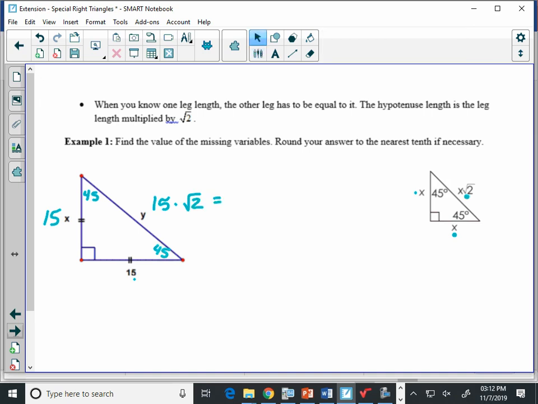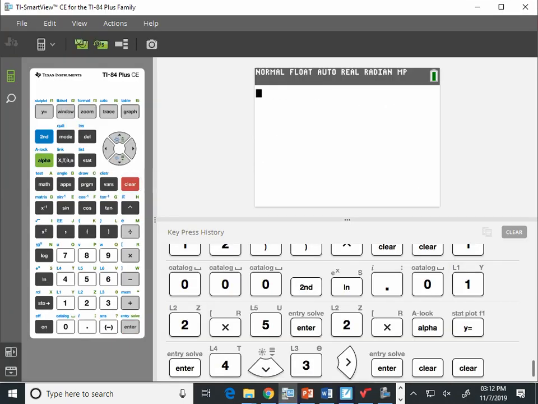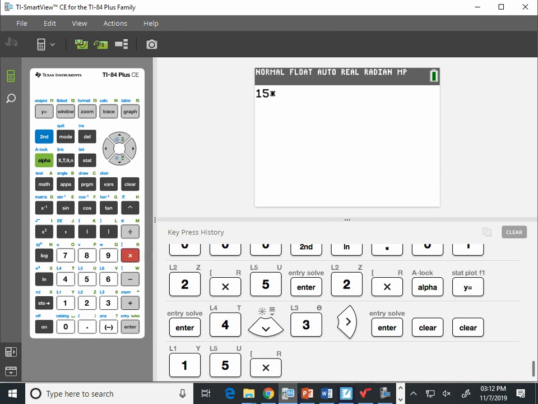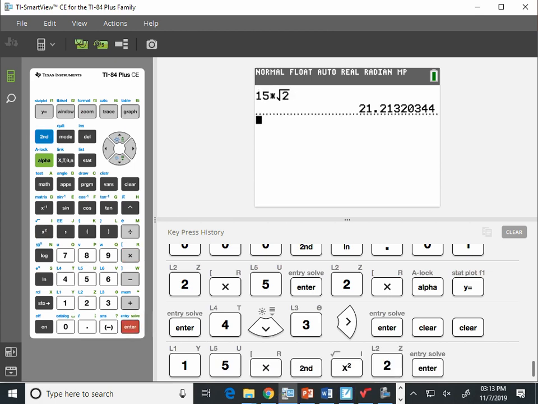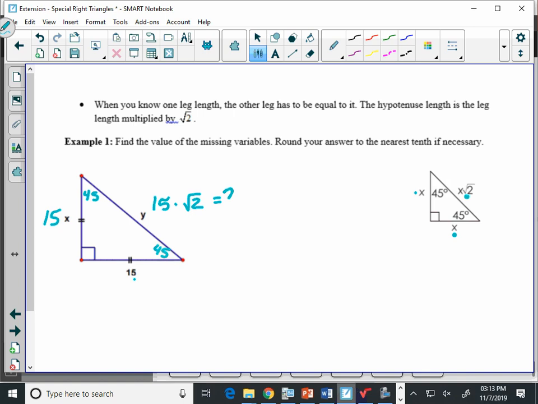Let's plug it in our calculator: 15 times radical 2. If we round that to the nearest tenth, it's about 21.2. So there you go. My x is 15, and my y is 21.2.